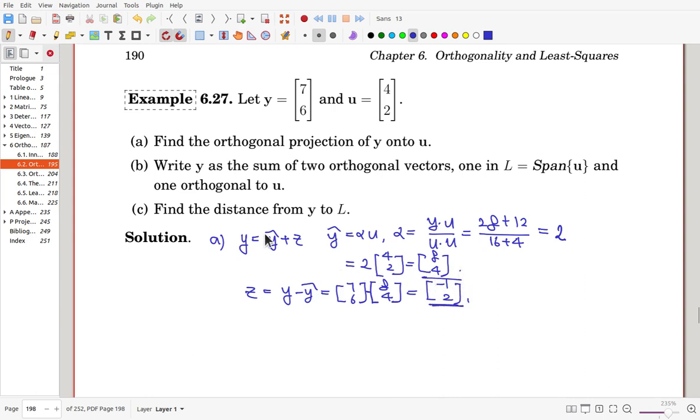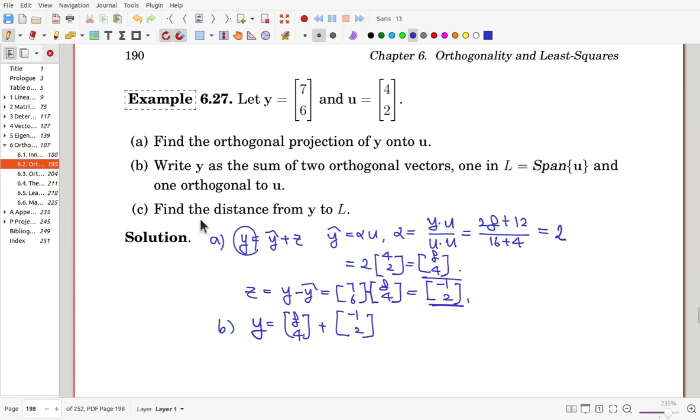This summation is the same as the given y. Write y as the sum of the two. Part A is asking this only. So y equals y hat, that is 8 and 4, and then z is minus 1 and 2.